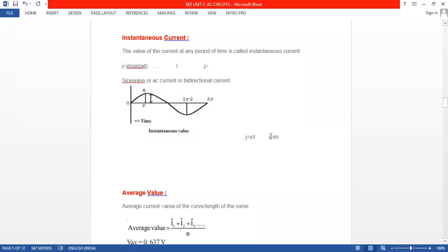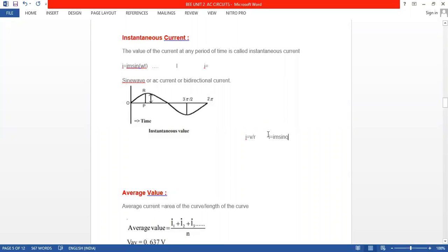I is equal to IM, it has a positive peak and a negative peak, and AC current is represented mathematically by which trigonometric function? Sine, because it is changing, it has multiples. So I is equal to IM sine theta.